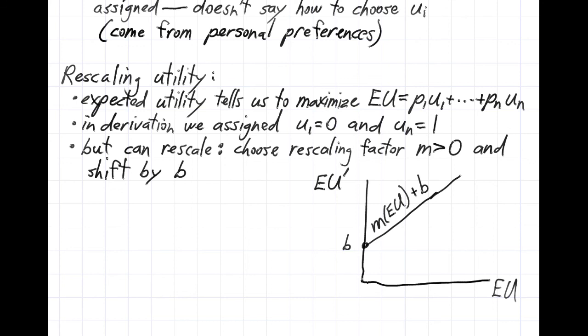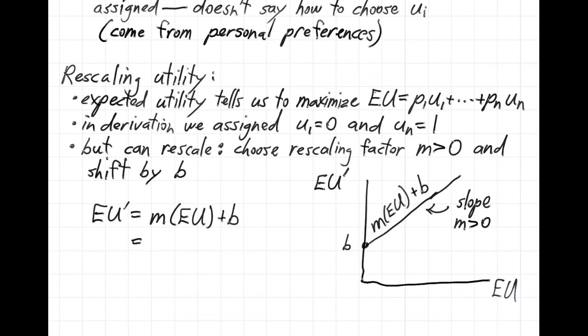And just to emphasize this, we have a slope M, and it has to be bigger than 0. So we could have this new expected utility, which is shifted and rescaled. And it's just M times the original EU plus B. And let's see what happens when we plug our original EU in.